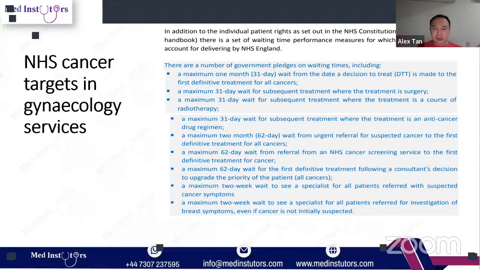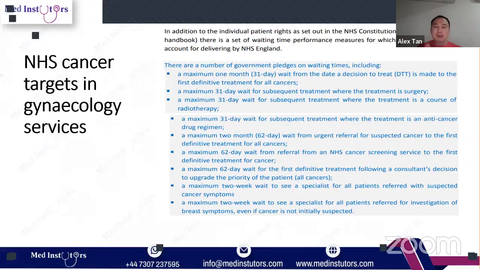Once we confirm the diagnosis within 31 days, we have a second 31 days, i.e., 62 days from the start of referral from the GP to us, to treat the patient, whether medically with your coil, your pill, or your uterine artery embolization, for example, or you give them surgery, which is by laparoscopy, open surgery, or robotics, or you decide that the patient's not fit for surgery or treatment, and you give them best supportive care.